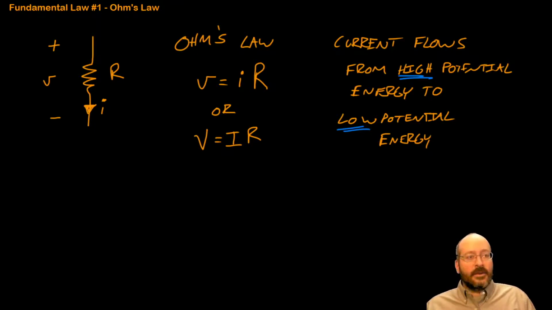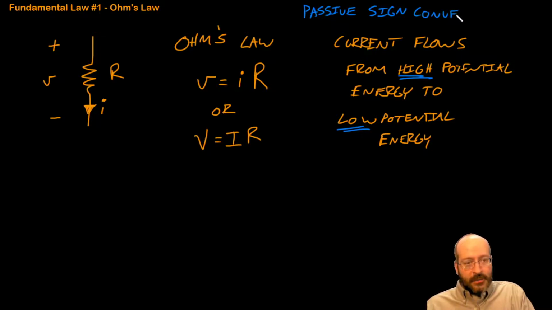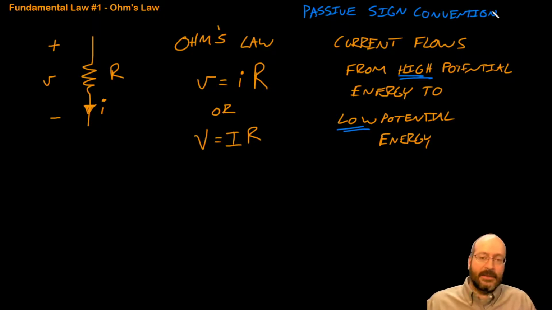And this is called the passive sign convention, and that's what I think gets lost a lot. We're going to talk about three different passive elements this semester. There's a fourth that's theoretical, trying to make it in a lab, but there's three passive elements: resistors, capacitors, and inductors.